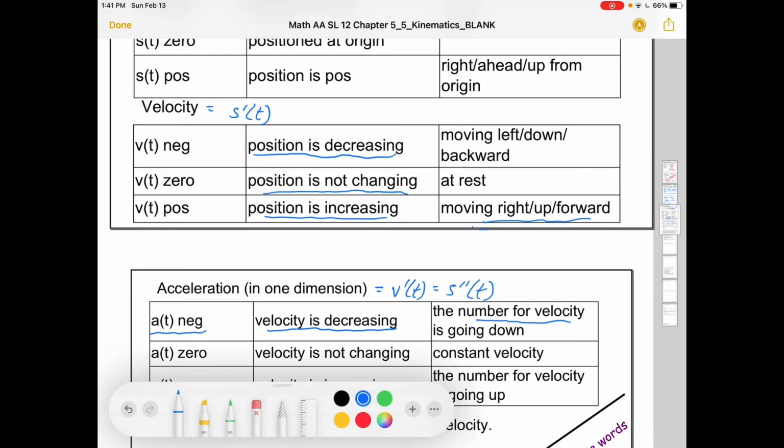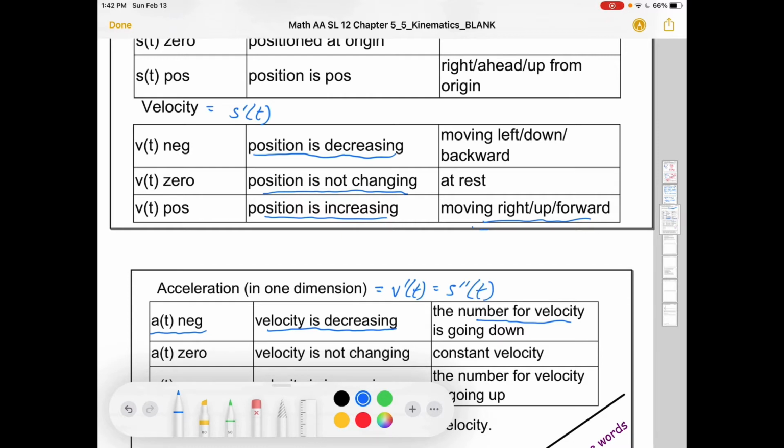If acceleration is 0, that means velocity is not changing. It means you're at constant velocity. Okay? And that velocity itself could be 0. So if you're not moving at all, both velocity and acceleration are 0, if you're just sitting there. But also if you're moving at a constant rate, then there's no acceleration. And again, this is in one dimension.